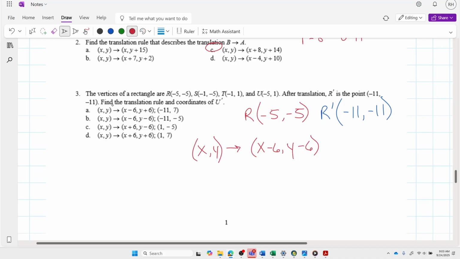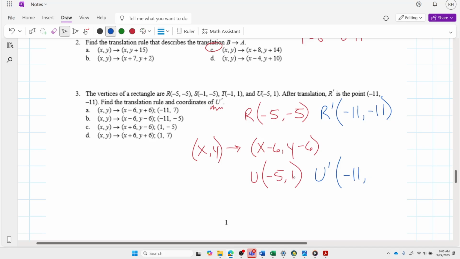The second part of the question asks you to find the translation rule and the coordinates of U prime. So if U is at -5, 1, and you have to apply this rule, then U prime is going to be at -5 minus 6 again, so that's going to be -11.